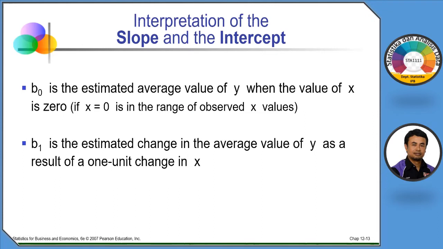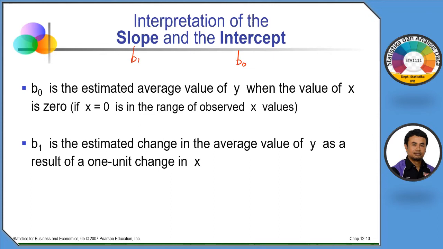Remember that the slope is actually b1 and the intercept is the b0.